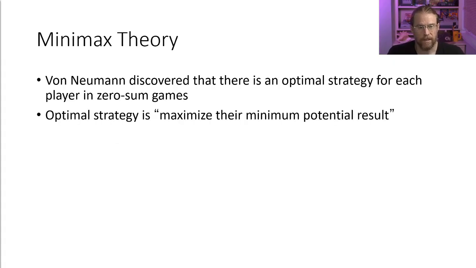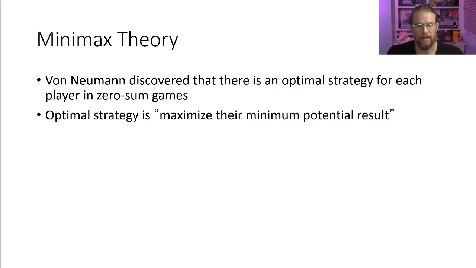For this type of game, the zero-sum game, you can apply a general purpose solution, a strategy called the Minimax theory. Von Neumann discovered that there's an optimal strategy for each player, and that strategy is to maximize their minimum potential result.